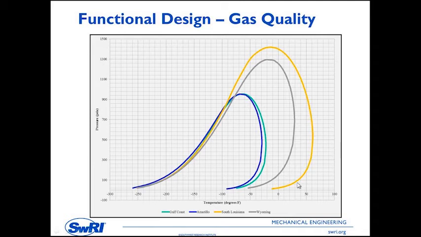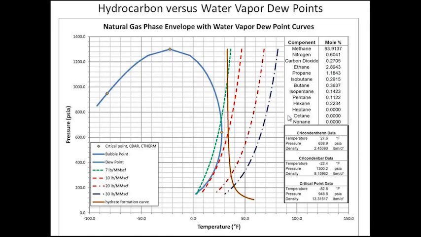And then in particular, each composition of gas you look at is going to have a different characteristic in terms of phase envelope. And there are 4 different gases here. There's Amarillo gas, which has a high nitrogen content, not so many heavies.